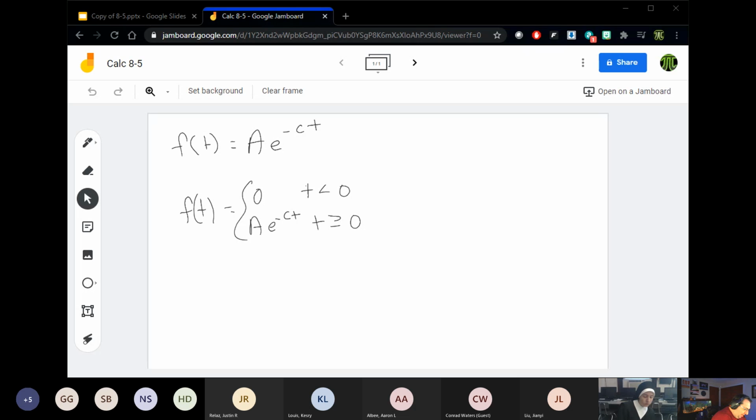So I can do my integration. Since I know less than 0 is going to be 0, I only have to worry about from 0 to infinity of a e to the negative ct dt, and that has to equal 1. So let's do the integration and see what value of a is going to give me 1.